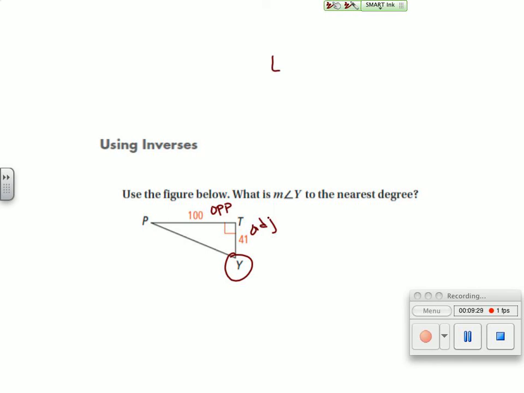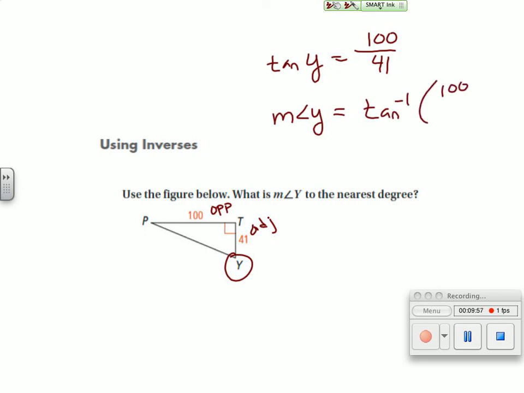So the tangent of Y equals 100 over 41. So now I'm going to take the inverse tangent of both sides. So the inverse operation of tangent is tangent inverse. So the measure of angle Y equals the inverse tangent of 100 divided by 41.